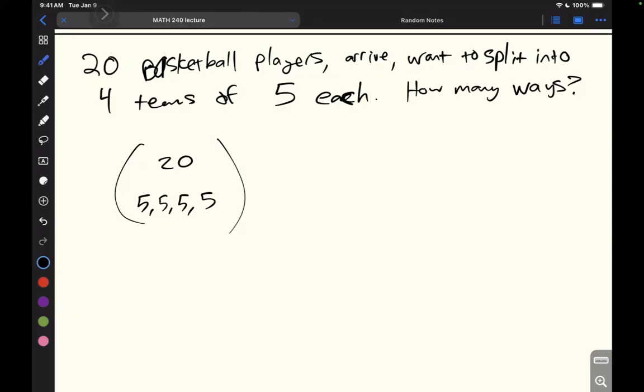Yes. Almost. So the book adds there are 20 choose 5, 5, 5, 5 ways to divide the players into 4 labeled teams.